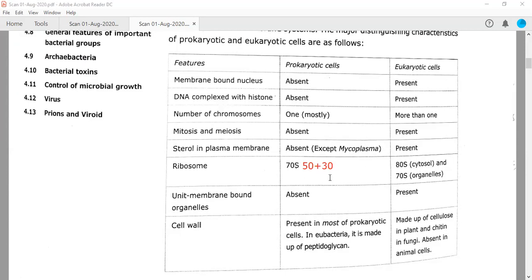Now, one more important thing to remember from here is that this 50S is made up of 23S rRNA plus 5S rRNA, whereas this 30S is made up of 16S rRNA.